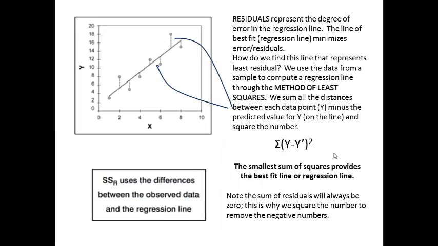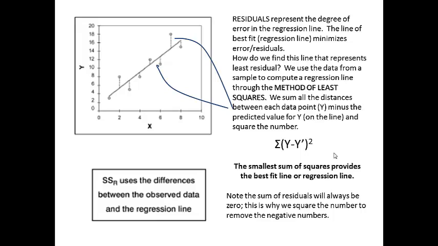Even though we find the very best line possible, there are going to be data points that do not touch that line. These are residuals. They represent the degree of error in a regression line or fit line. The line of best fit minimizes residuals or error as much as possible. How do we know that this is a line that best fits it? We use Anova, or method of least squares.